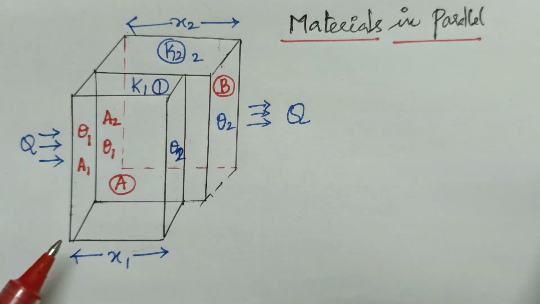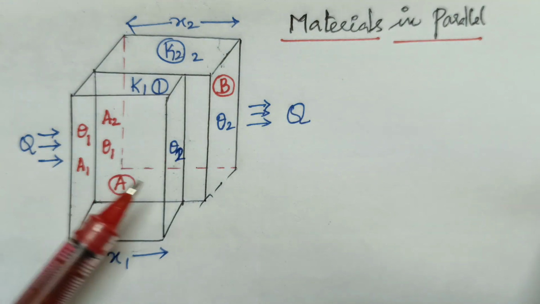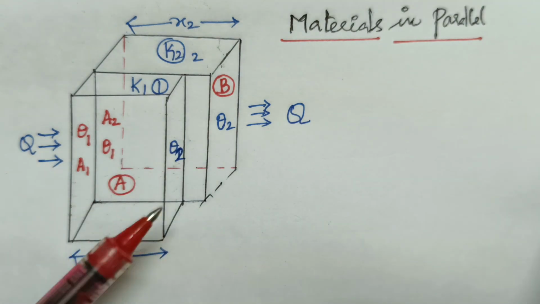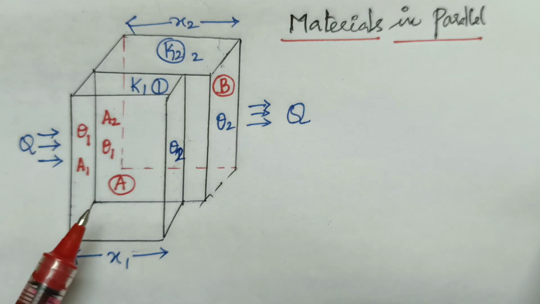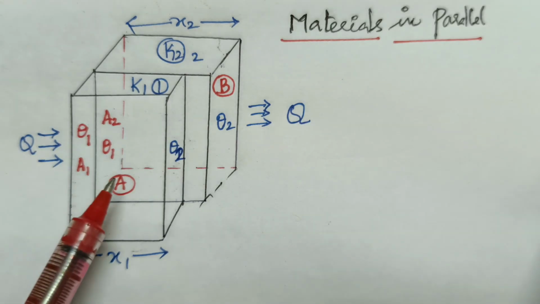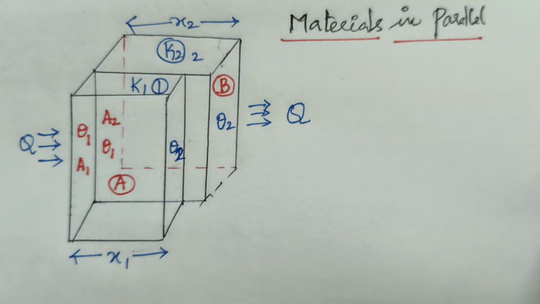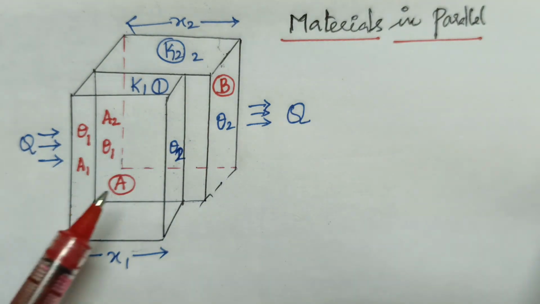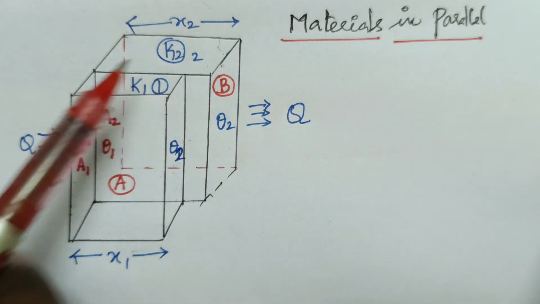Now we will discuss the materials in parallel. We take two different materials. Consider a composite medium of two different materials, one is A, another one is B, with thermal conductivity of material A being K1 and B being K2.